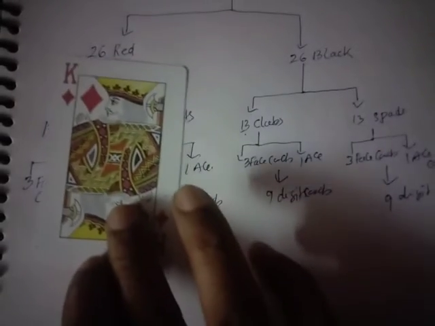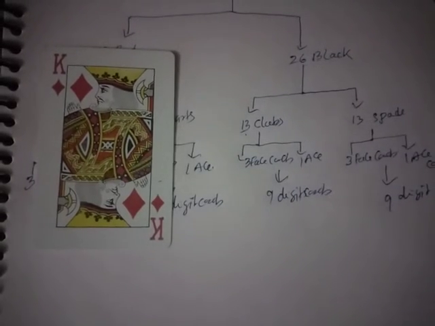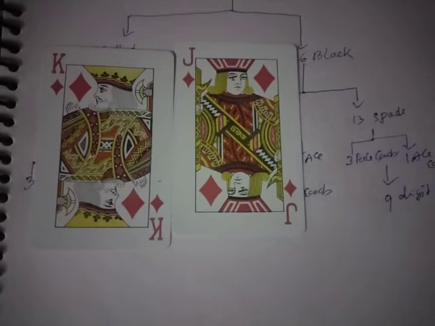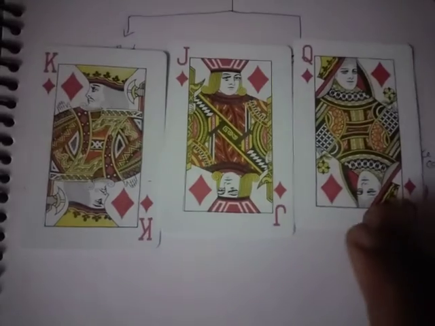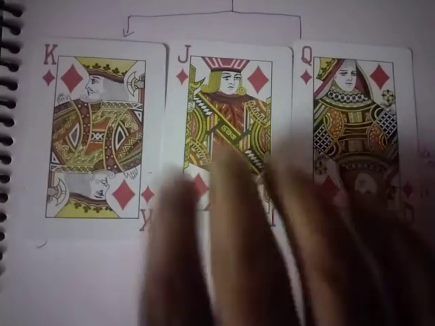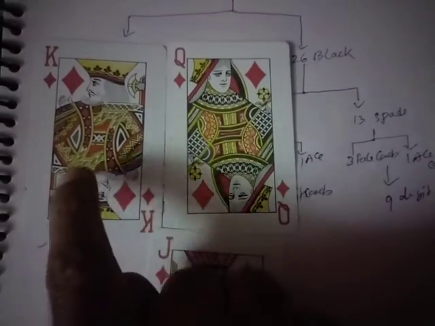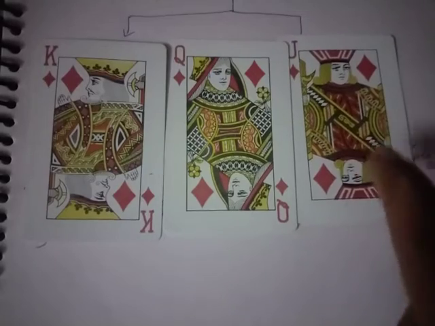This is a face card of diamond. Face card of diamond. This is a diamond face card: king, queen, and jack. Jack means joker.